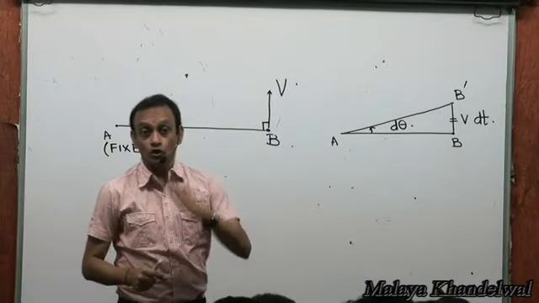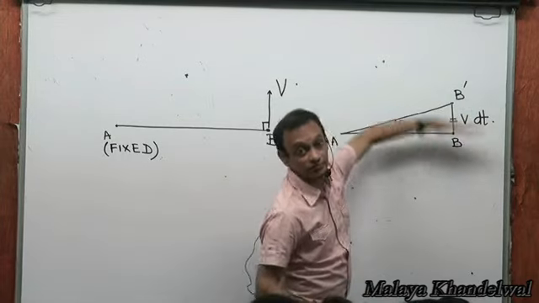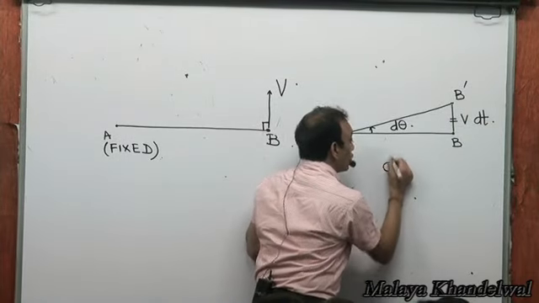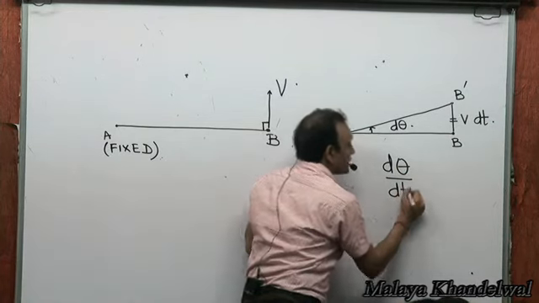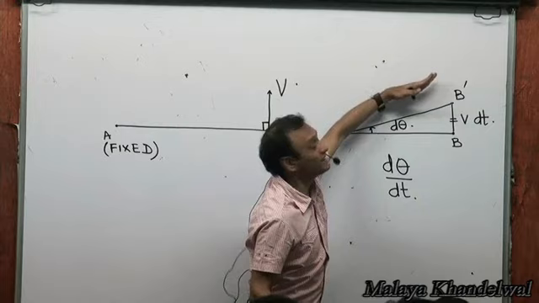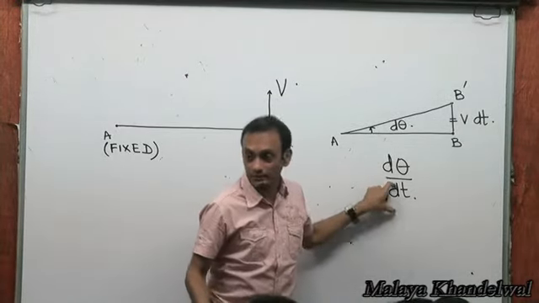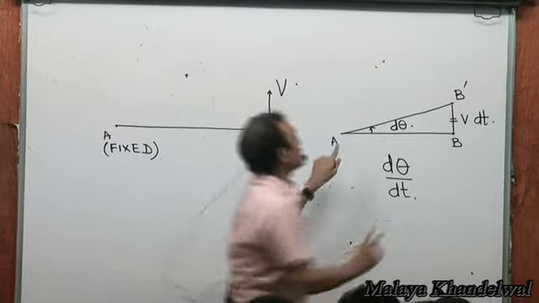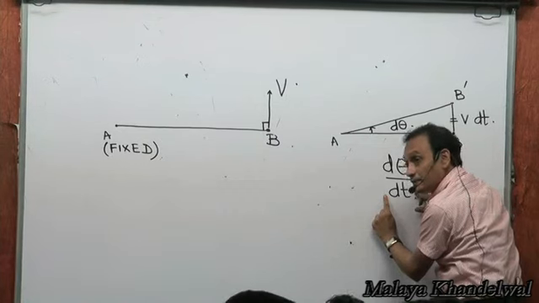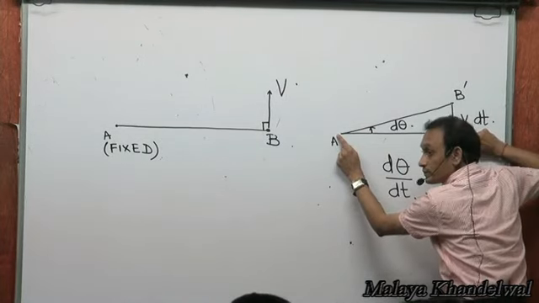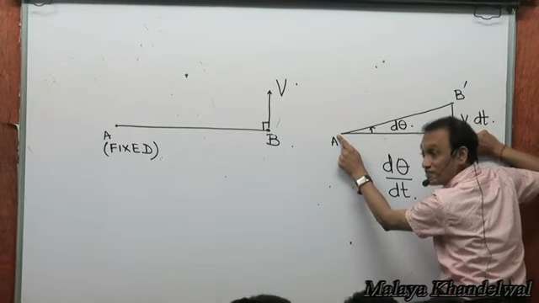Then the manner in which the line AB reorients itself is given by a rate d theta dt. That's a small angle d theta by which the line AB has swiveled in a small time dt. That's the rate at which the line joining A and B swivels with time.